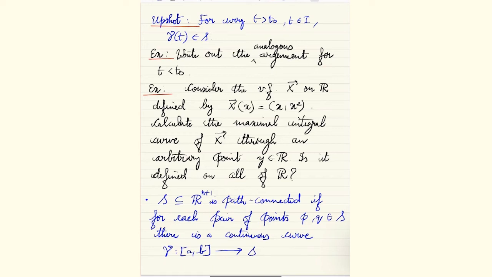Joining here means gamma of A is P and gamma of B is Q.